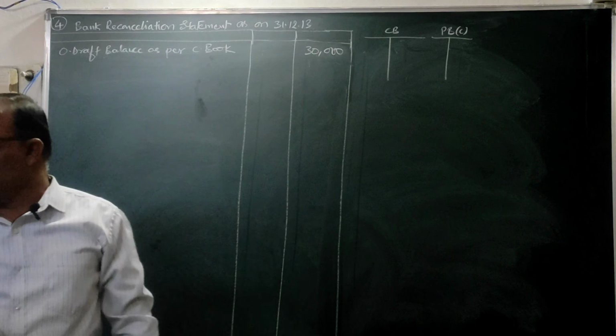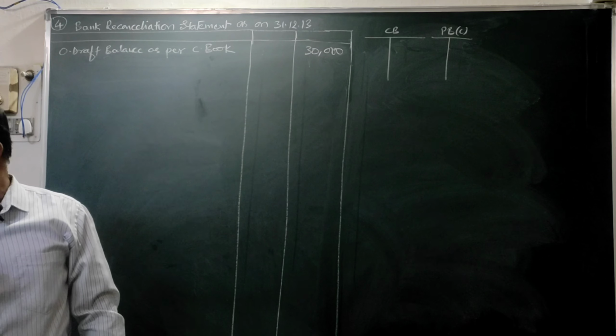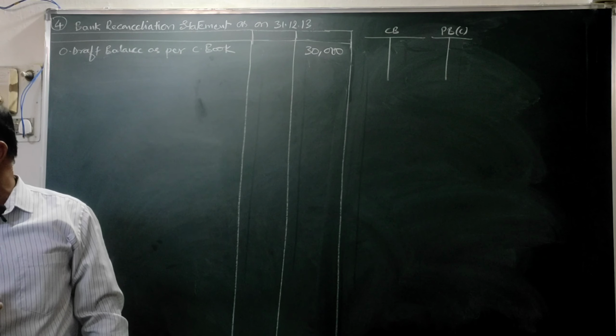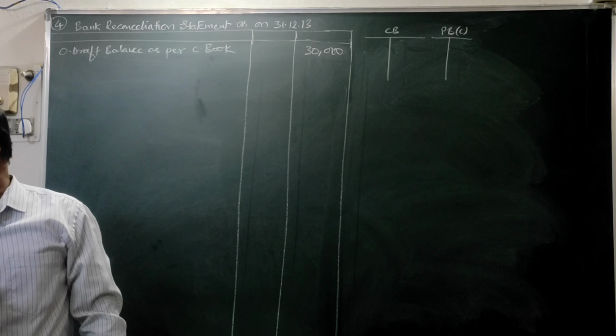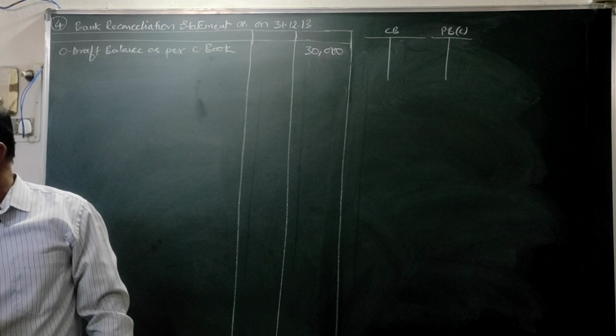That's all. Observe here. Out of the checks of 6,000 paid on 29th December 2013, rupees 3,000 appear to have been credited in the passbook on 2nd January 2014, he says.